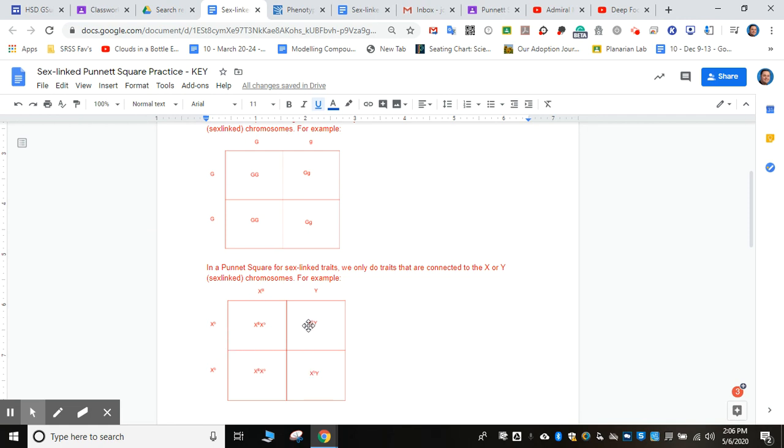We have our males on this side and females on this side. Remember that when you're figuring out if I'm asking for children altogether or just males or just females, it matters. Because if we're talking about all the children, that's 100%, and we have 25 in each spot. But if I'm just asking about the males, it's 50-50 now.